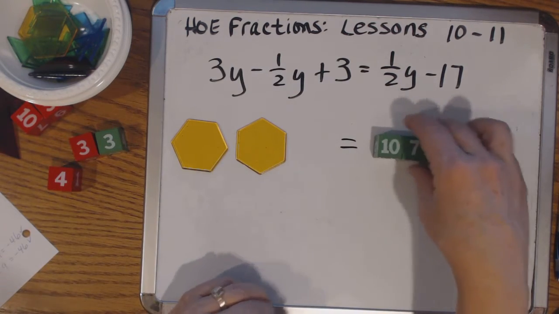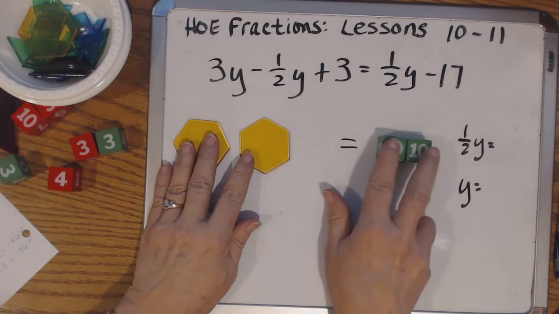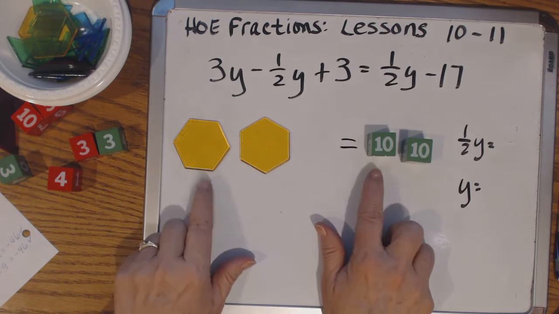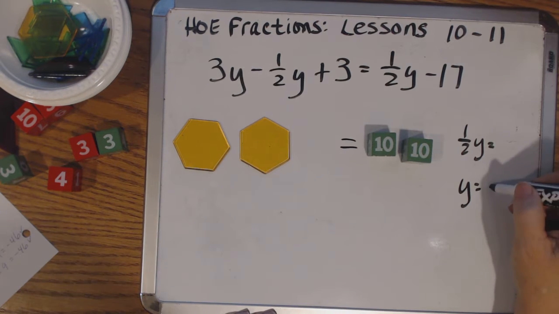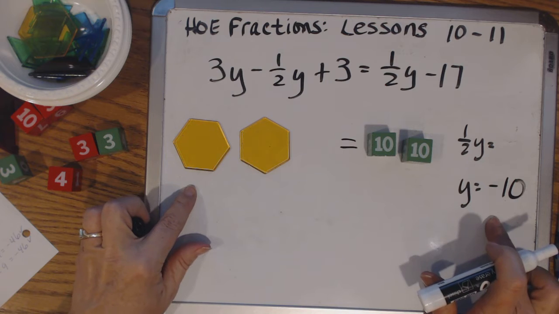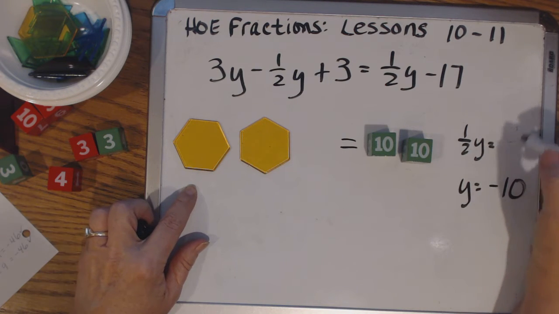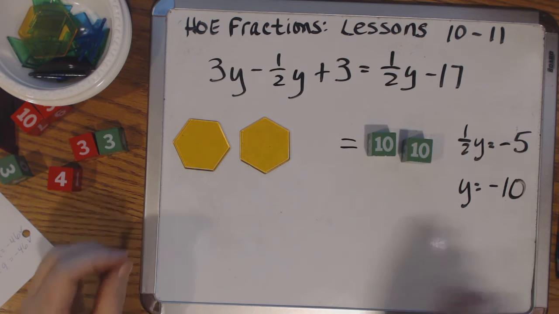And now, a little easier to look at it that way, right? 2 wholes equal negative 20, and it's super easy to see that each individual y is equal to negative 10. And this one actually, going from y equals negative 10 to half of y is equal to negative 5, I'm going backwards using that logic of what I know.